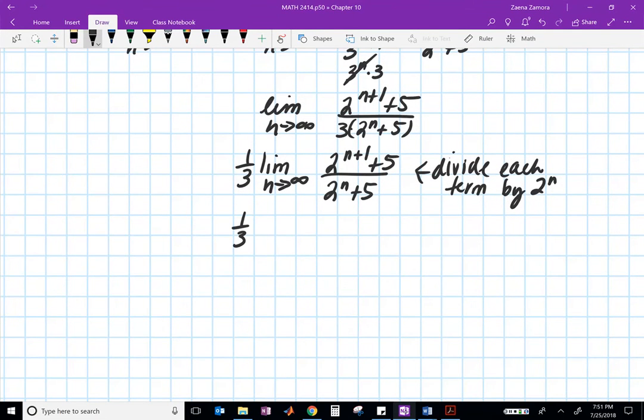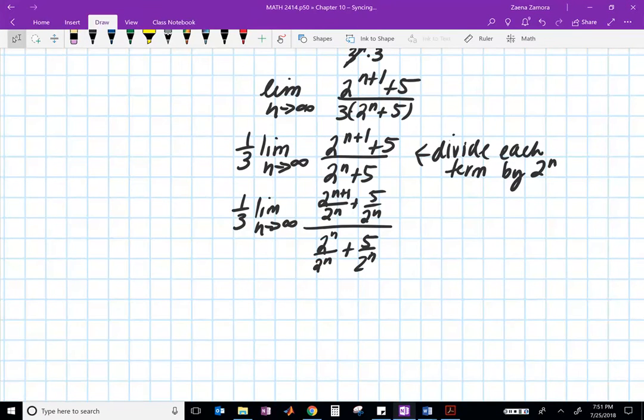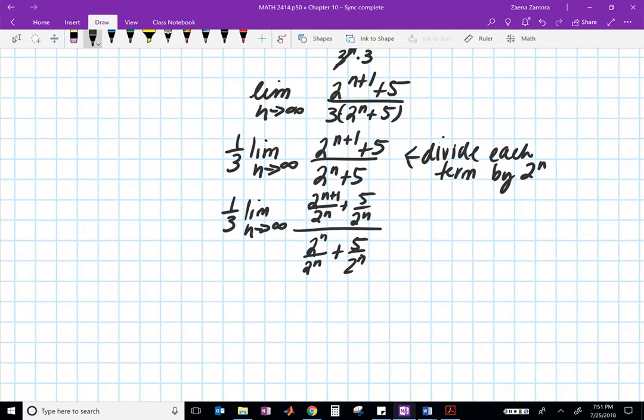So I have 1/3 and the limit as n goes to infinity of 2^(n+1) divided by 2^n plus 5 divided by 2^n, over 2^n divided by 2^n plus 5 divided by 2^n.